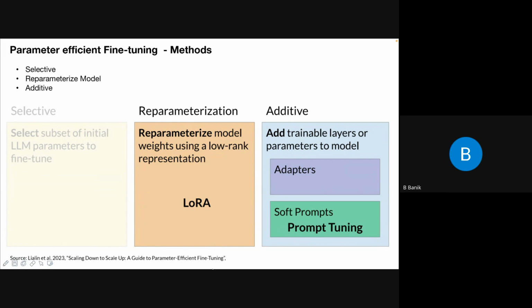That is called additive. So there are three kinds of methods: selective, reparameterized, which is LoRA, and additive. In the next slide we'll see how we calculate on the task and how it updates the parameters.